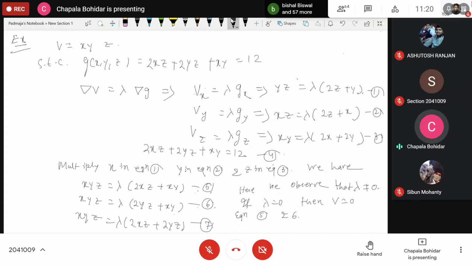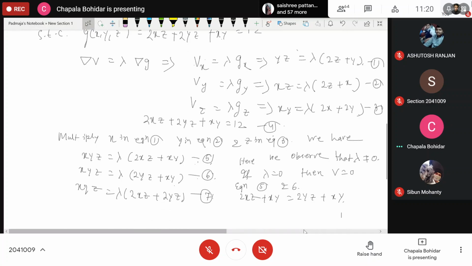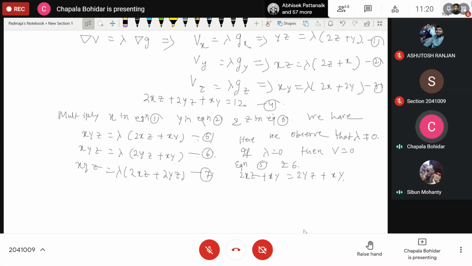Lambda is not equal to 0, we know. 2xz plus xy is equal to 2yz plus xy. What is the value we get here? xy cancels out. We get x is equal to y. Okay.